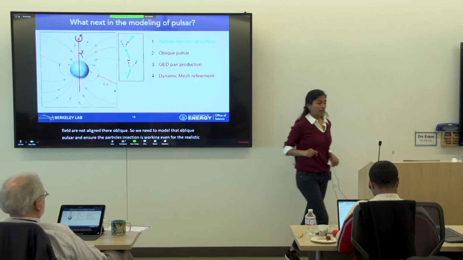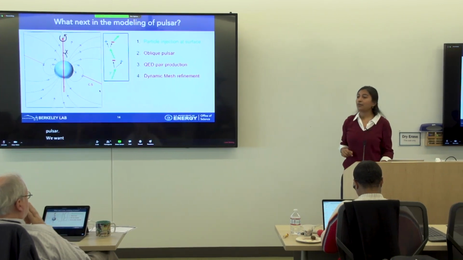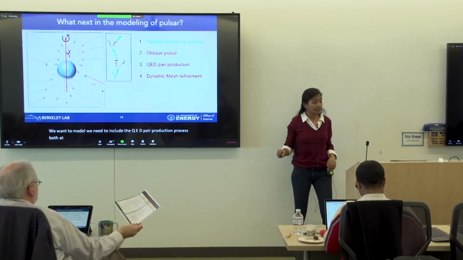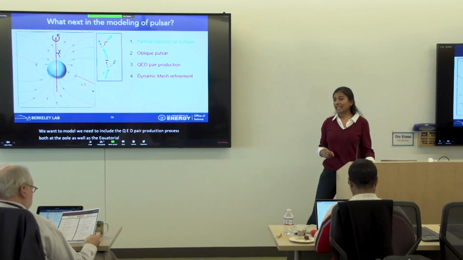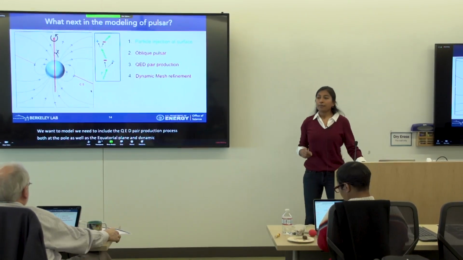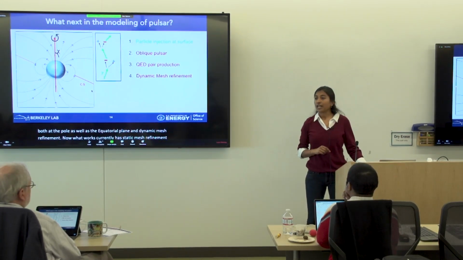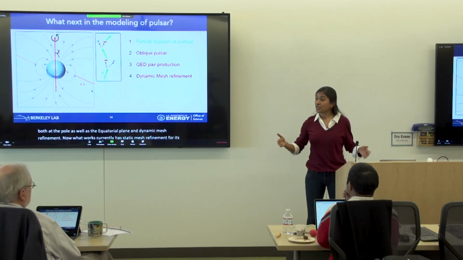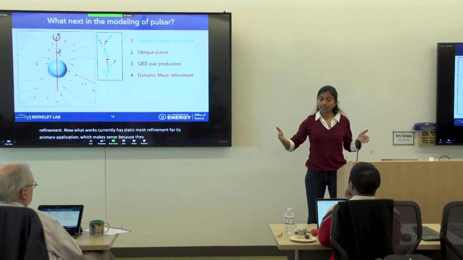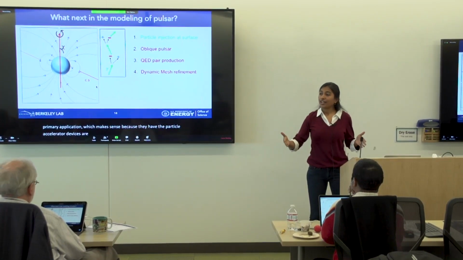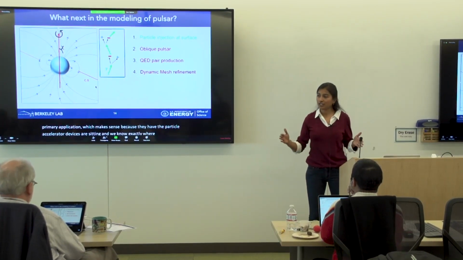We need to include the QED pair production process both at the pole as well as the equatorial plane, and dynamic mesh refinement. Now, WarpX currently has static mesh refinement for its primary application, which makes sense because the particle accelerator devices are sitting there, and we know exactly where to refine before the simulation starts running.